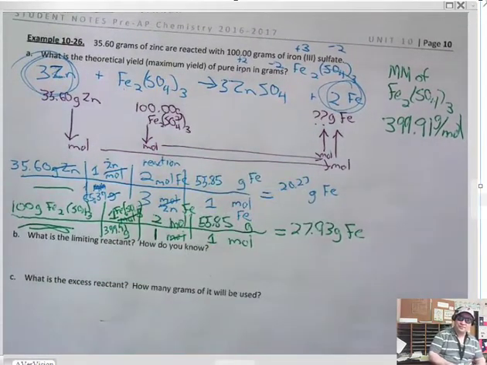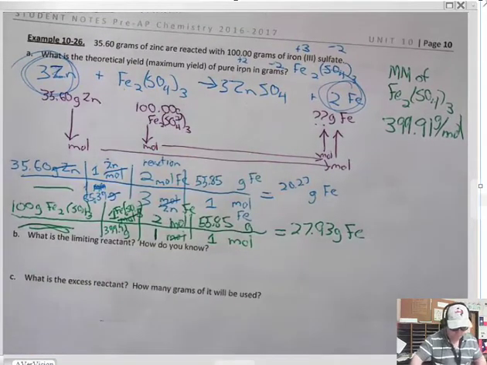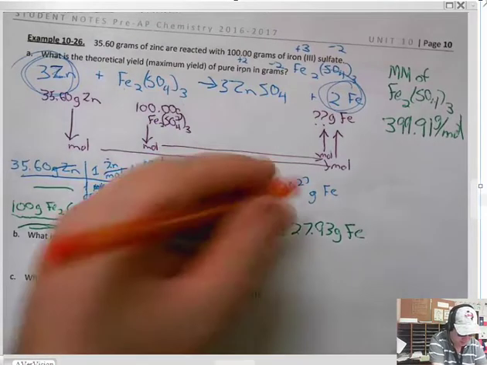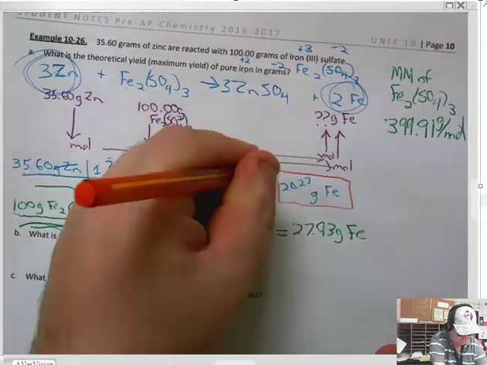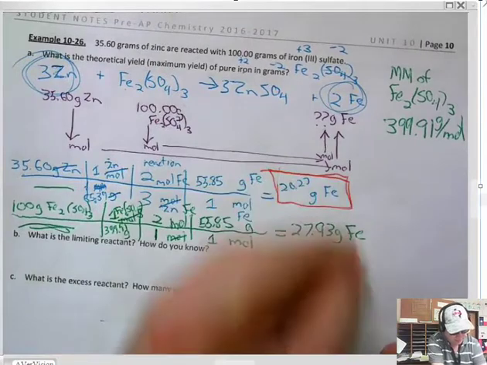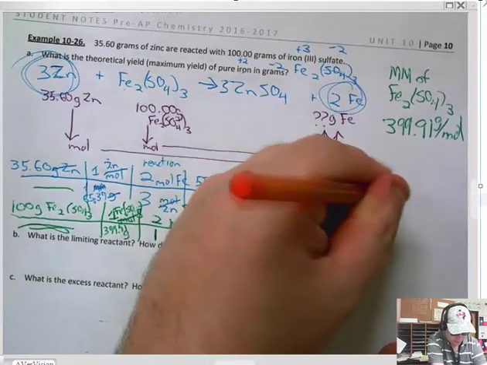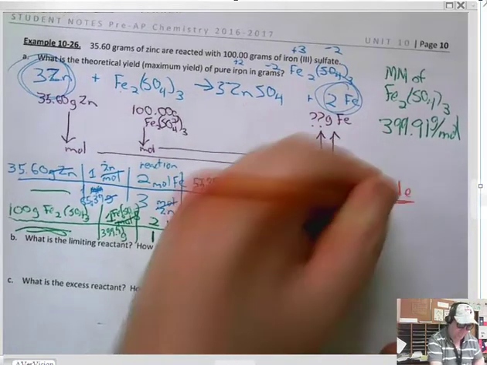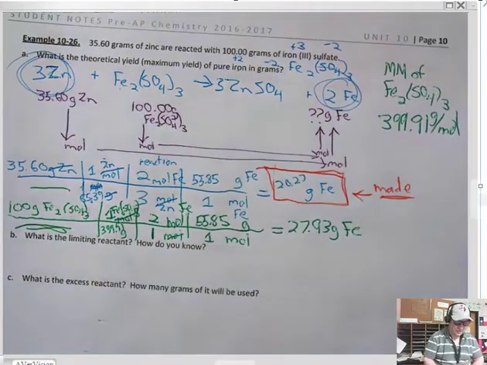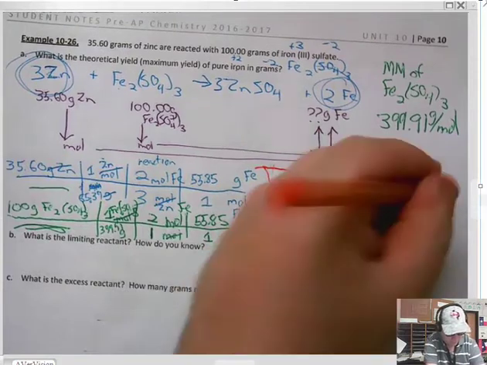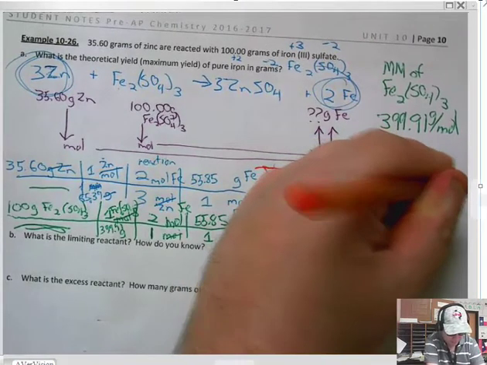Okay, what does this all mean here? Notice that this is the lower number right here, the 20.27. Since this is the lower number, this is the iron that was actually made, which tells me that the zinc is limiting.